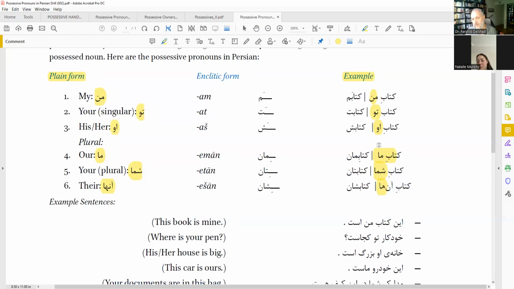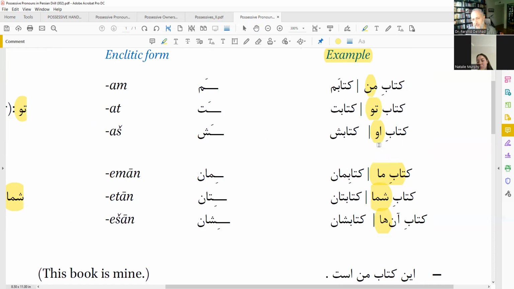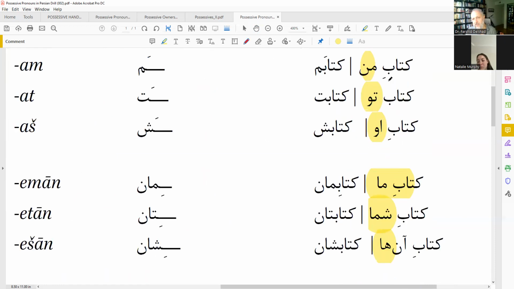One thing that I have to emphasize here: we have a connection between the word ketab and the pronoun man. It means that in order to create a possessive from plain, personal pronouns, we have to create a liaison or connection between the owner and the owned one, in other words, between the possessed and the possessor.